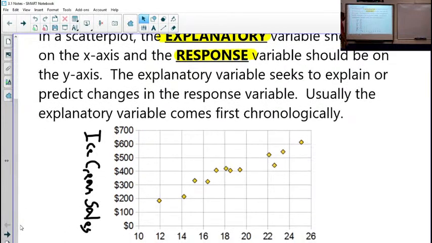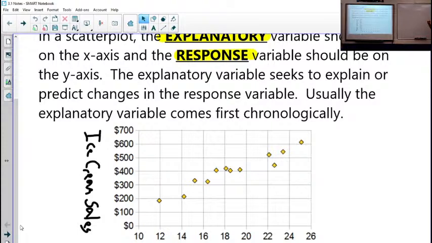So for example, the trend that is going on here is that I have temperature on the x-axis, and then we have sales of ice cream on the y-axis.